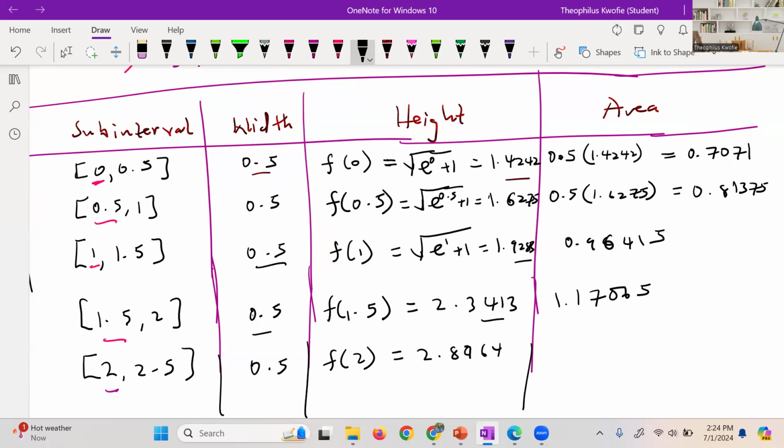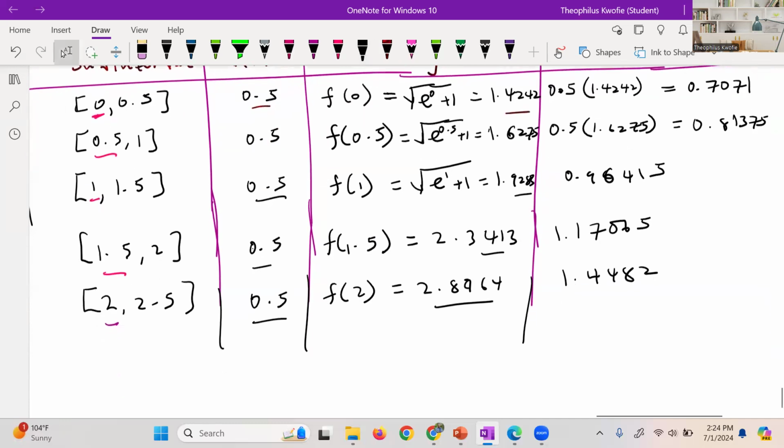And then by multiplying the width and the height, we should have 1.4482. Okay.